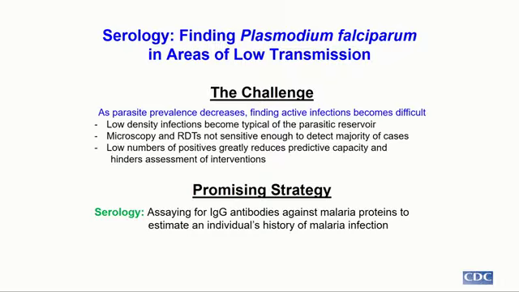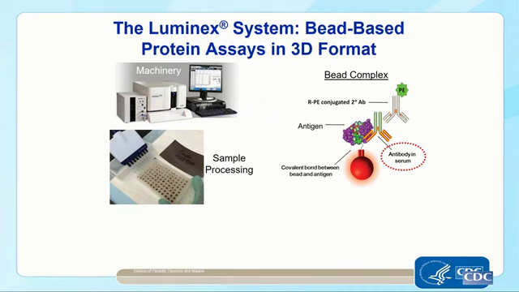With the approach that we have taken, we include something like the Luminex system, basically a multiplex-based system, to understand the transmission dynamics. Eric Rogier, one of my colleagues in the malaria branch, has done a lot of fundamental work comparing the already established ELISA protocol with this Luminex-based system.